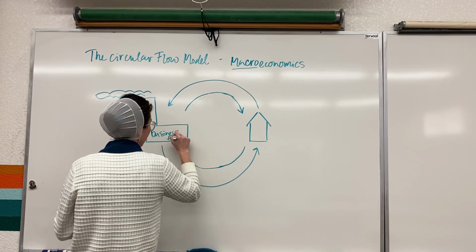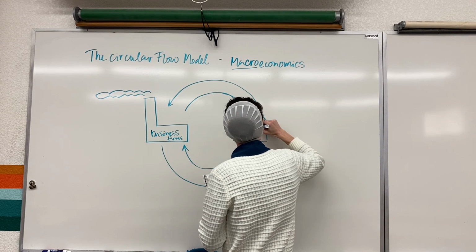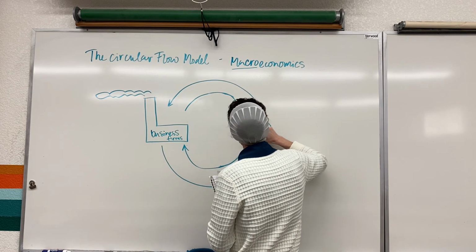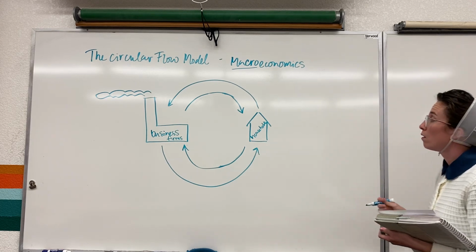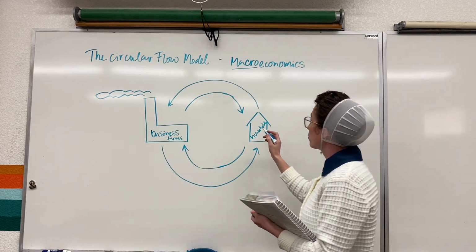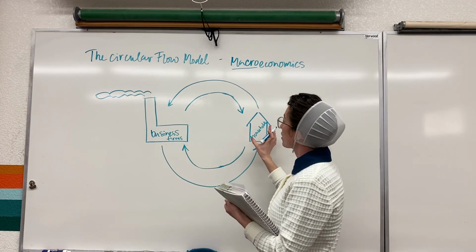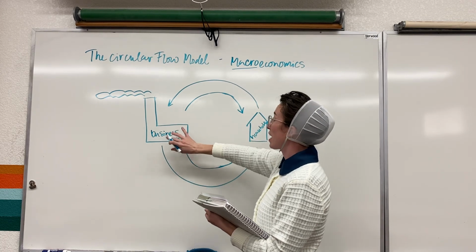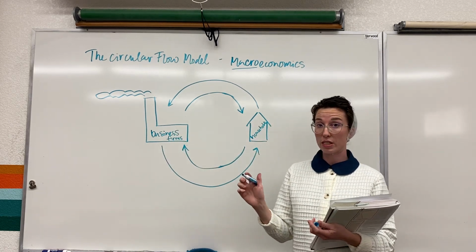Business firms and households. Okay? All right, and then up at the top, you notice that we have things going from households to business firms and from business firms to households. So we're gonna go ahead and talk through those and label them.